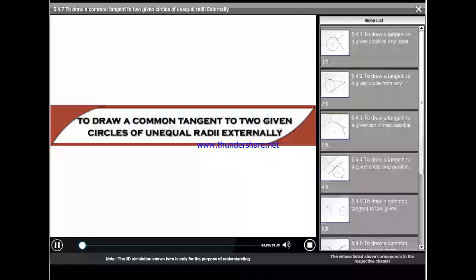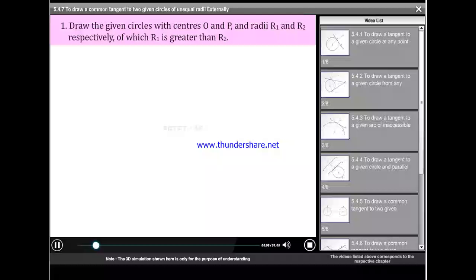To draw a common tangent to two given circles of unequal radii externally, draw the given circles with centers O and P and radii R1 and R2 respectively. In this, R1 is greater than R2.